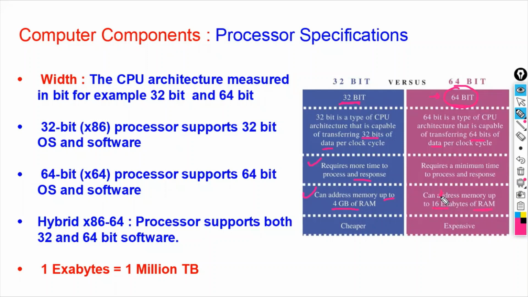It is exabytes, not gigabytes or GB. 1 exabyte is equal to 1 million TB. Okay, and 32-bit processors are cheaper, whereas 64-bit processors are very expensive.